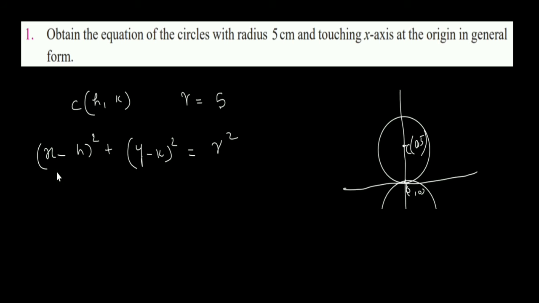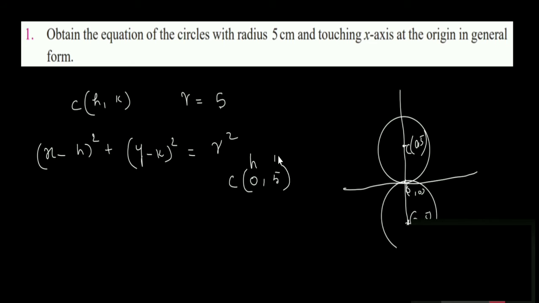Now here the radius is 5, touching the x-axis at the origin. So what is the center of the circle? We need this h, k. The center is at (0, 5). So this is h, this is k.